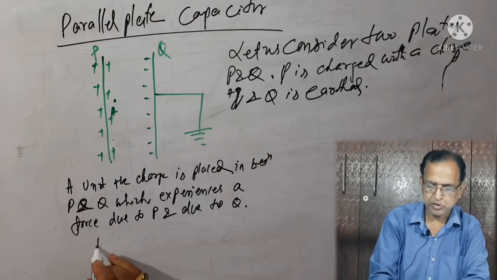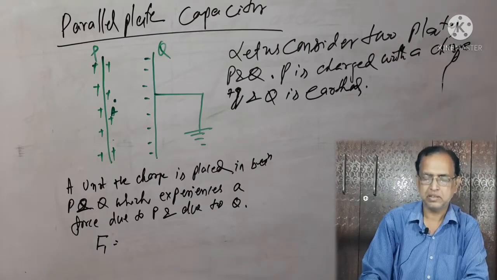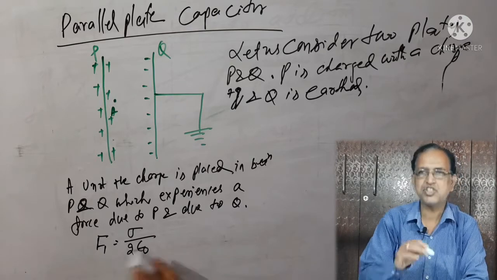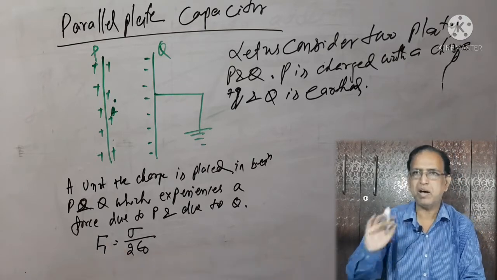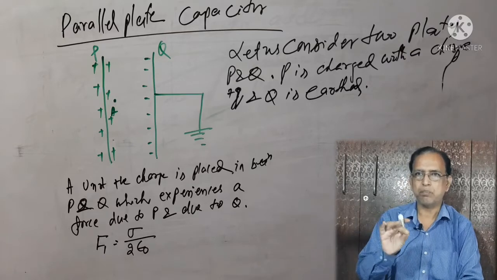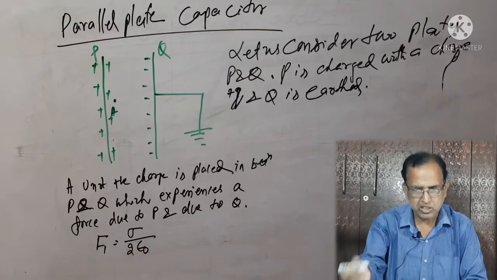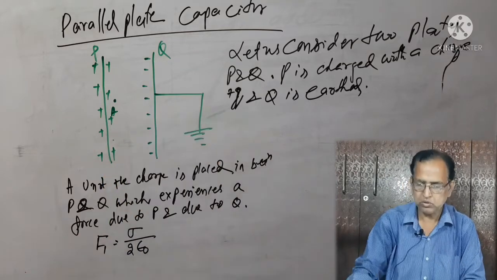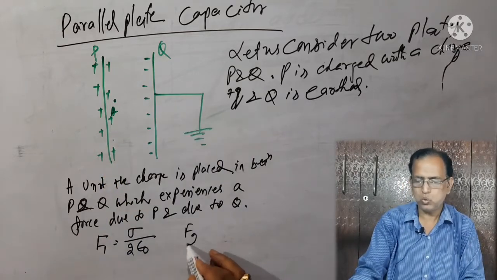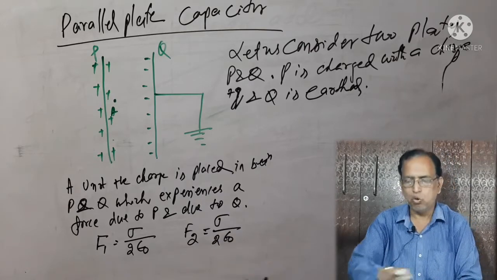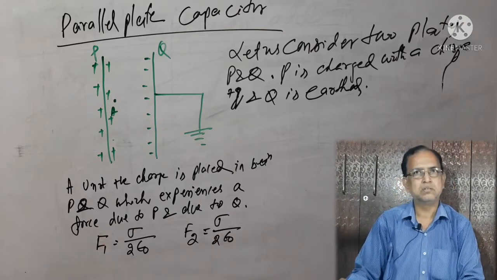Due to P, suppose that is F1, that is equal to sigma by 2 epsilon 0. What is sigma? Sigma is the surface density of the charge. And what is the force experienced due to Q? That is F2, same sigma by 2 epsilon 0. Both are in the same direction.